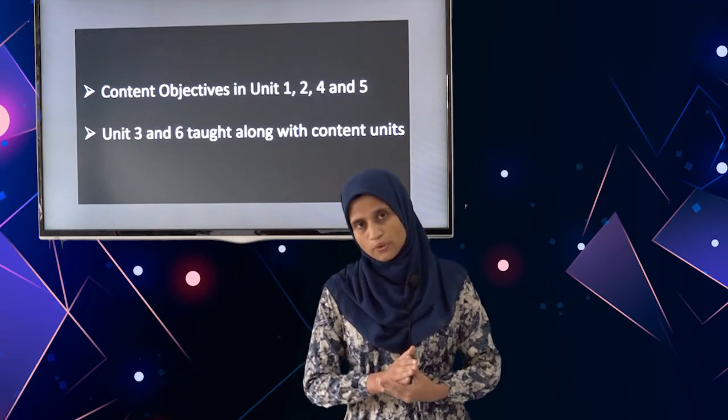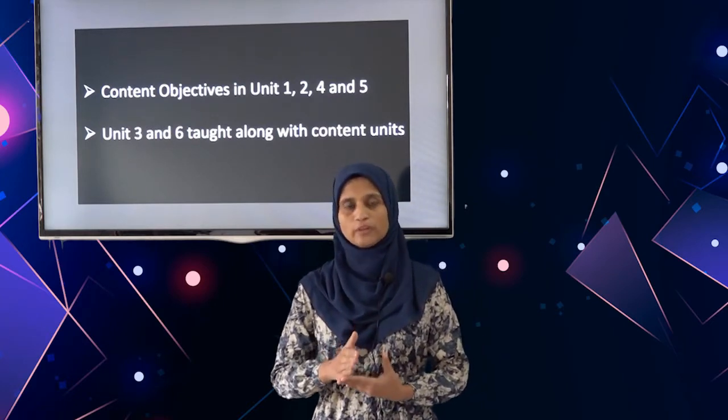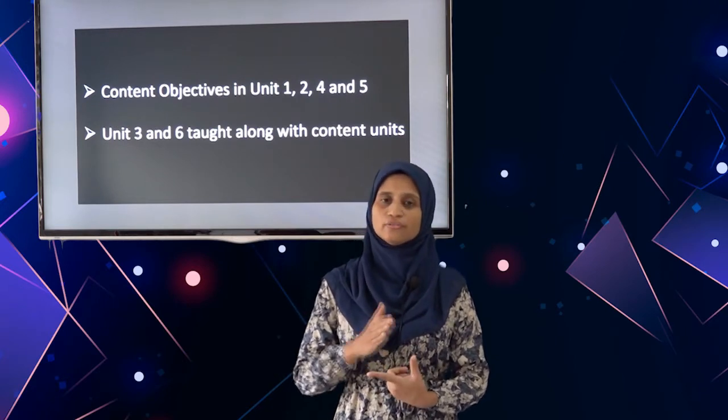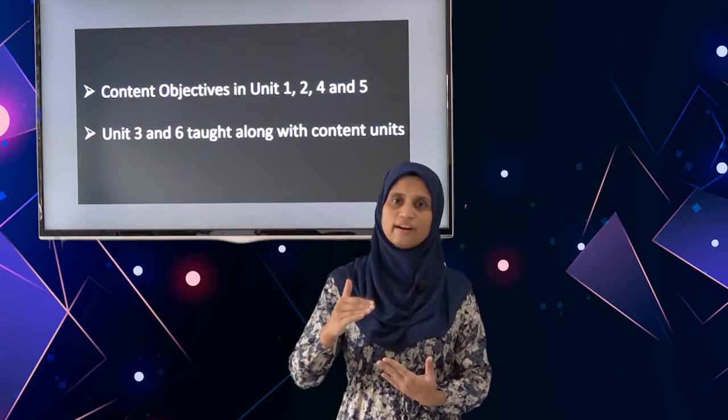It is also important that students note that Unit 1, Unit 2, Unit 4, and Unit 5 are the 4 units which have physics concepts, in the sense that there are objectives of physics written down.